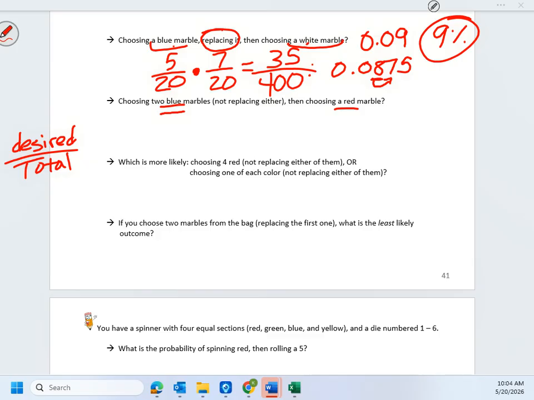If we do a blue marble out and we jump to the second tab, how many are left? Same thing. If you take a blue marble out and we don't put it back in, how many are left in the bag? Do we have 5 in there? We have 5 in there, we take one out. How many are left in the bag to choose from again?